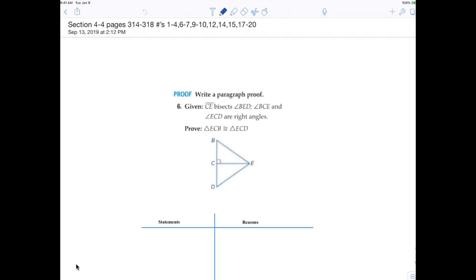So far, we can prove triangles are congruent by side, side, side, or side angle side. Today we're going to show you angle, angle, side, or angle, side, angle. So those are the 4 ways we can prove triangles are congruent.